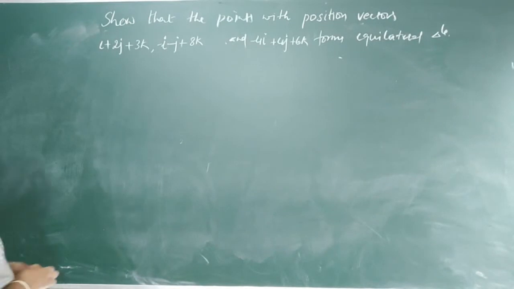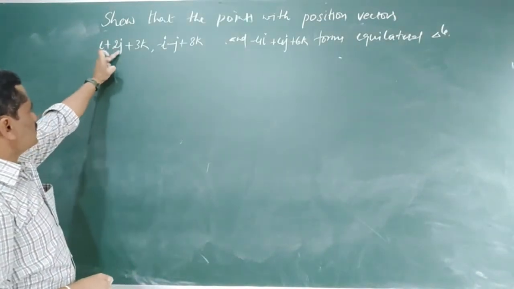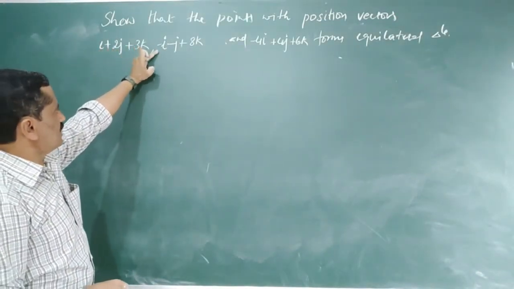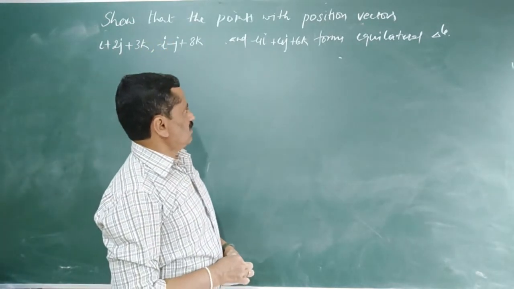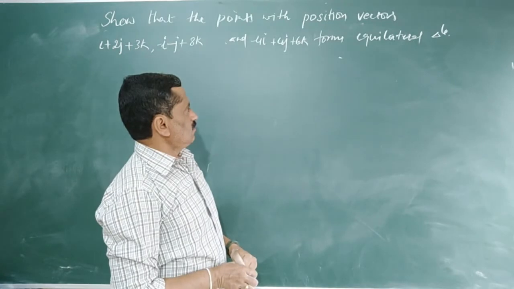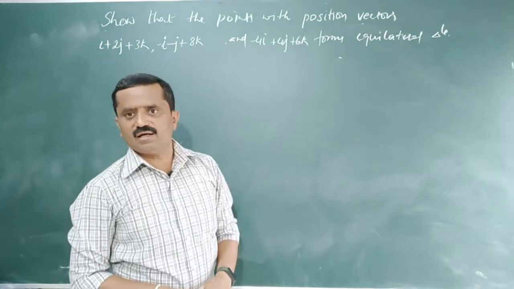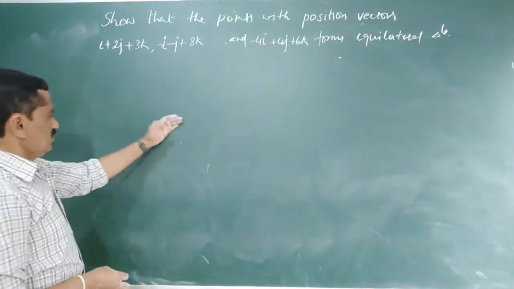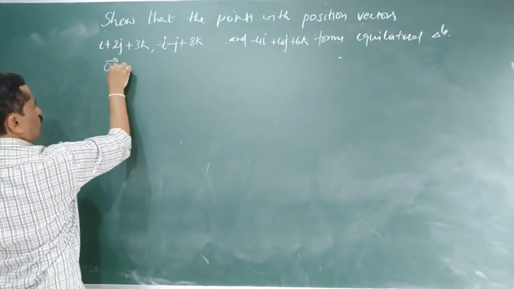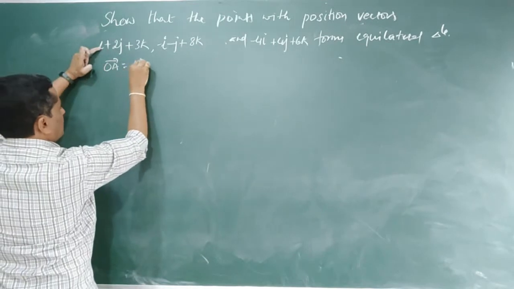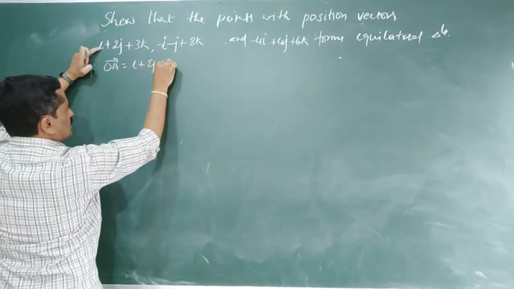Next, show that the points with position vectors i plus 2j plus 3k, minus i minus j plus 8k, and minus 4i plus 4j plus 6k form an equilateral triangle. Same question with different position vectors. Here OA bar is equal to i plus 2j plus 3k.